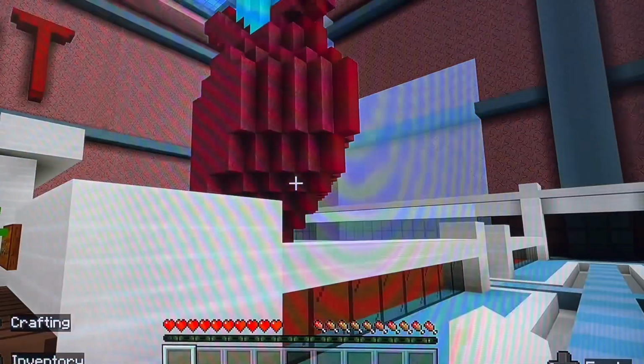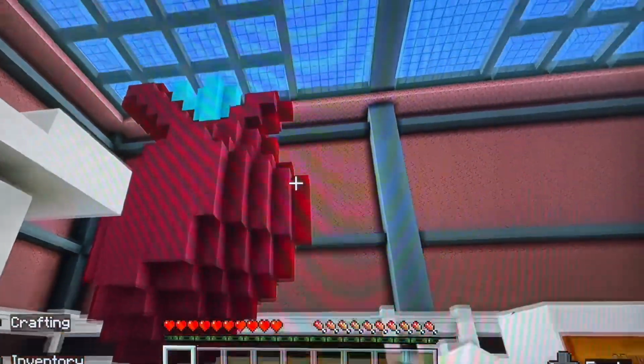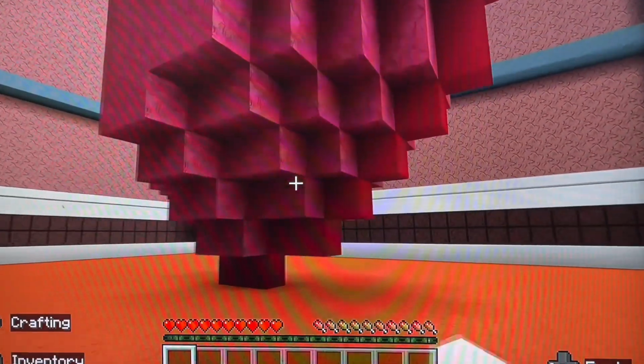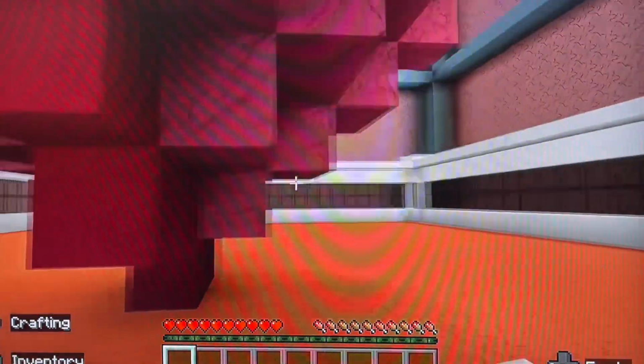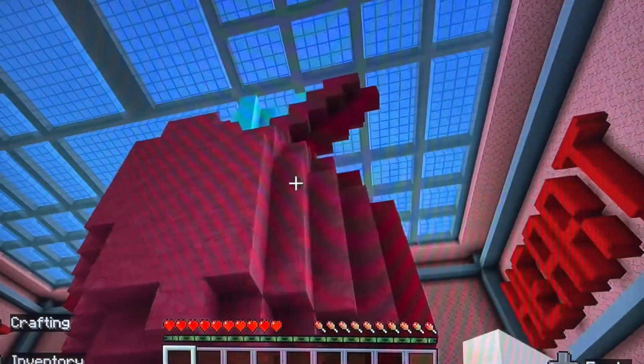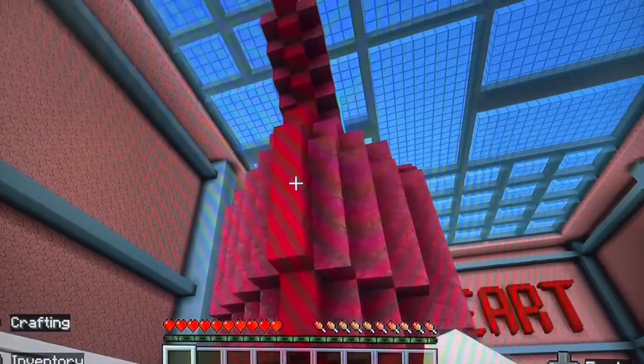So let's have a look at the model here. Human heart. There we go.